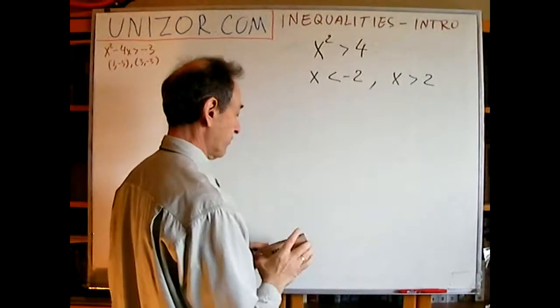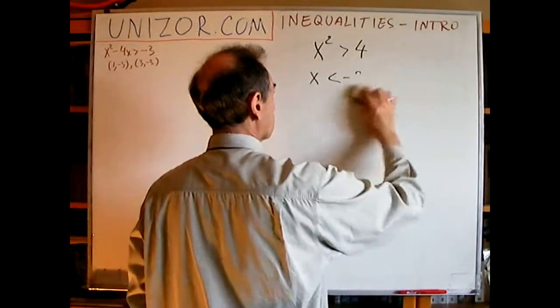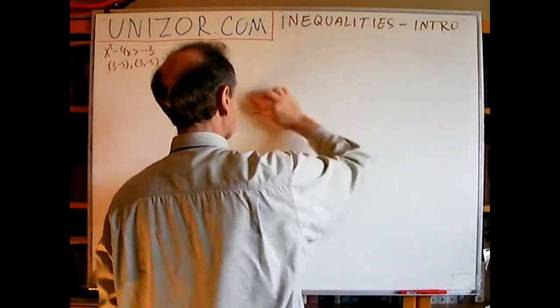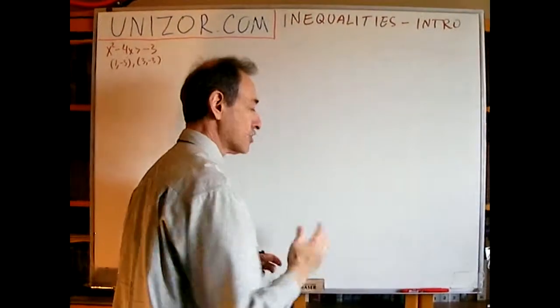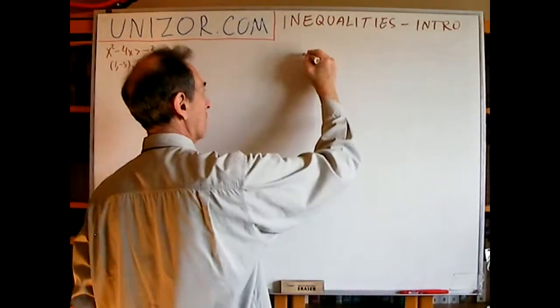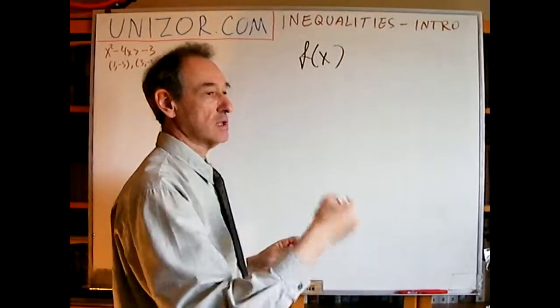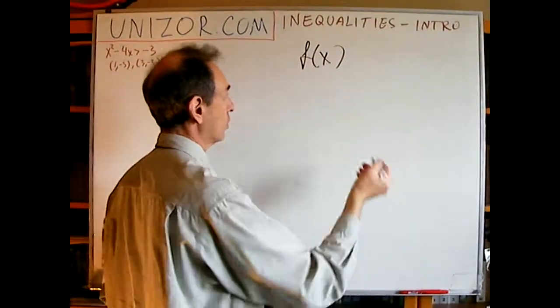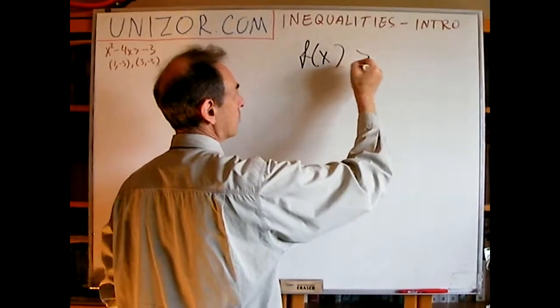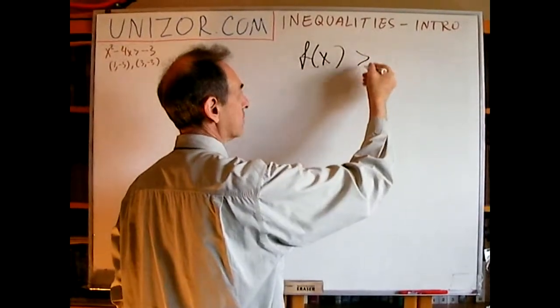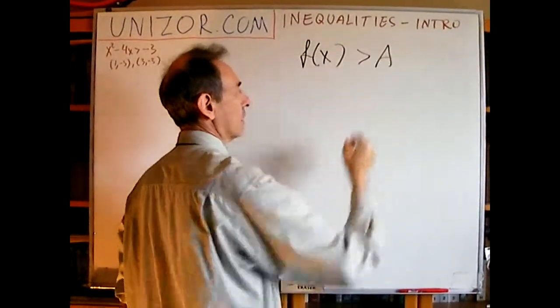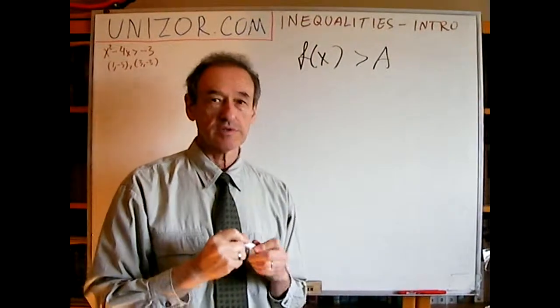All right, so we understand what an inequality is. It's a condition on some function which has values in a set which is called codomain, where we can establish some kind of condition like greater than or less than, and some constant which is an element of that codomain.